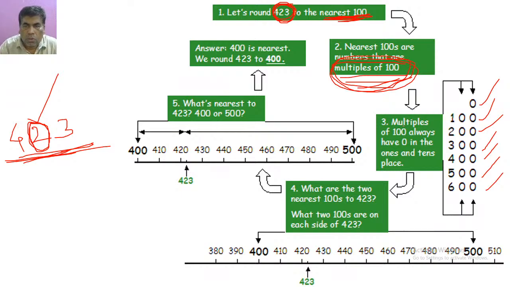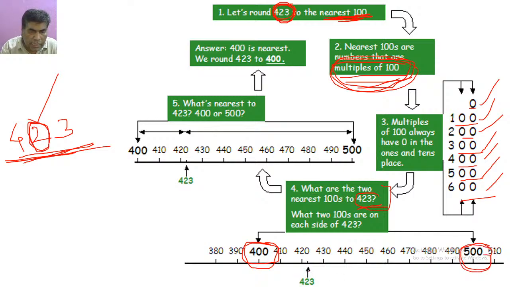You will observe that in the ones place and tens place, all these numbers have zeros. So these are the nearest hundreds. But where is 423? Between which two hundreds? 423 will be between 400 and 500.